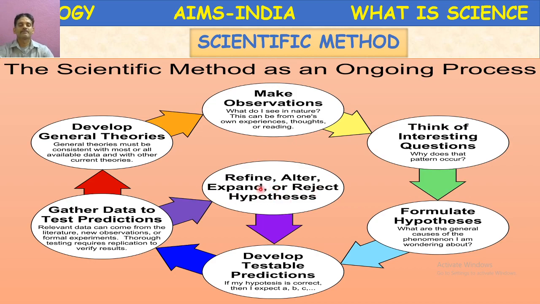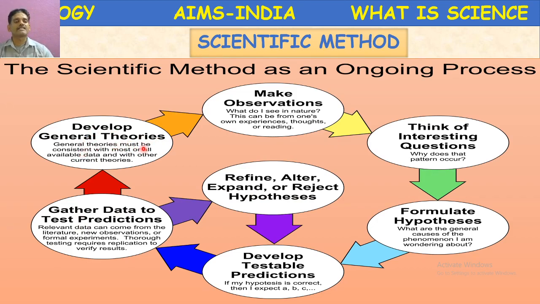See how clearly. Okay, first you have to refine. You have to eliminate the predictions which are unexpected. Then alter, change, expand, or elaborate, and reject, or if necessary, you can reject the hypothesis. Okay. So finally, develop general theories.